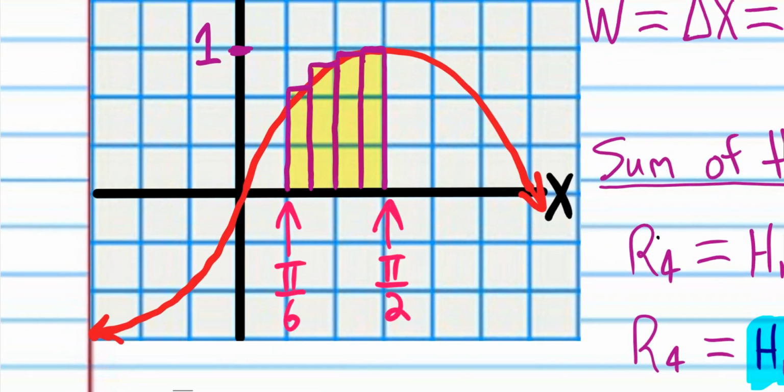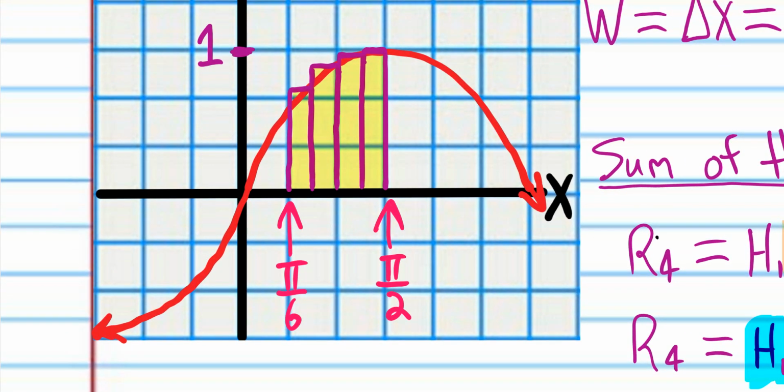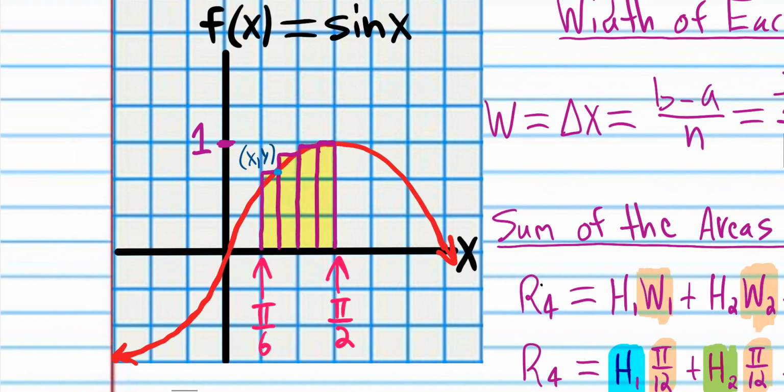And so we're going to find the height of this triangle first, but we can't use this side. We want to use this side because we're using right endpoints. So we need to use the y value of this point, that blue point there. So what we need to do is find the x value of that point and plug it in to this function.